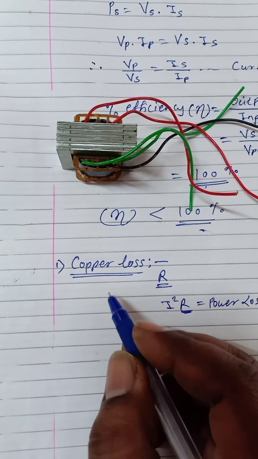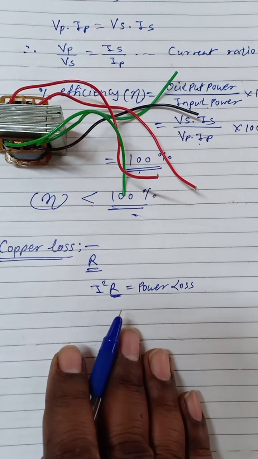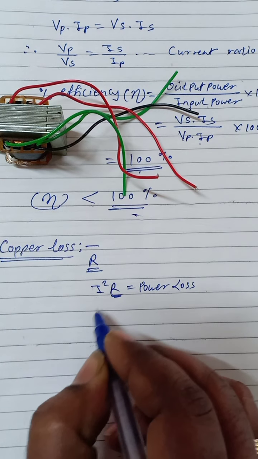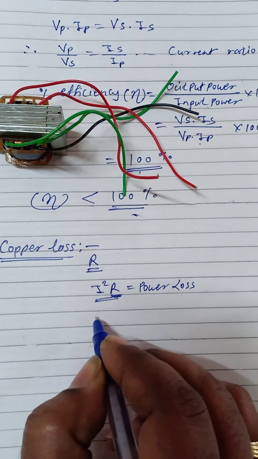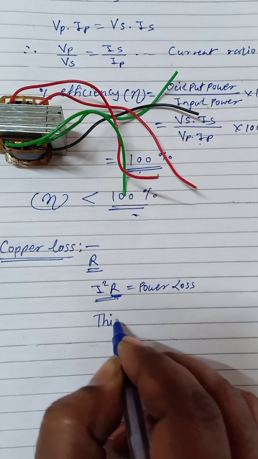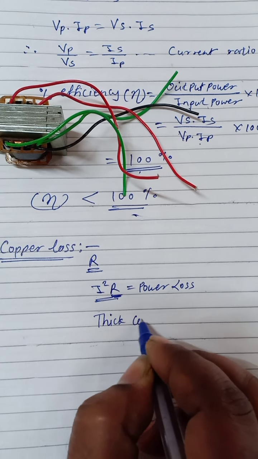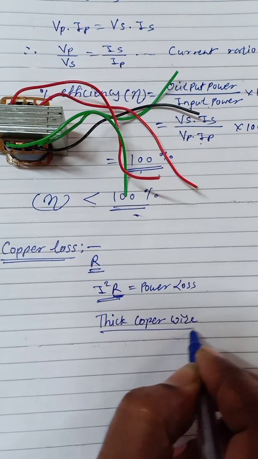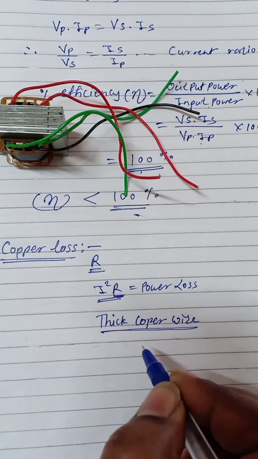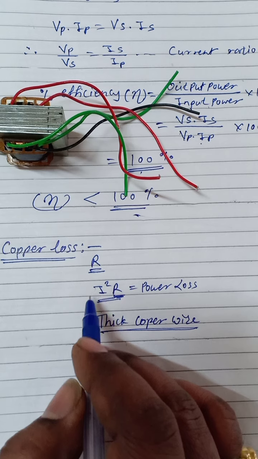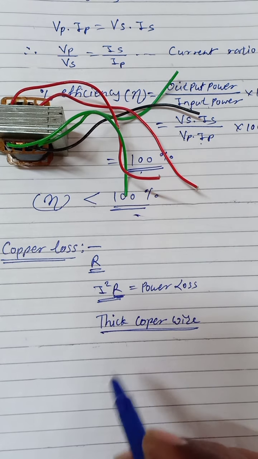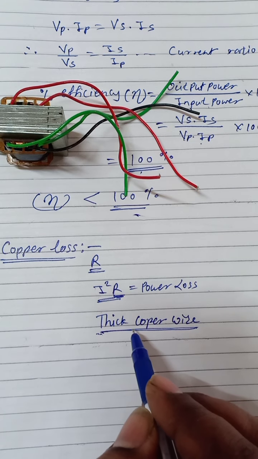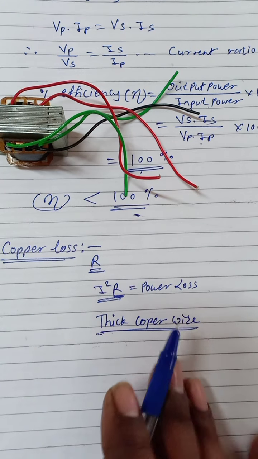Copper loss can be minimized by using thick copper wire. To minimize this I square R loss, you have to use thick copper wire.